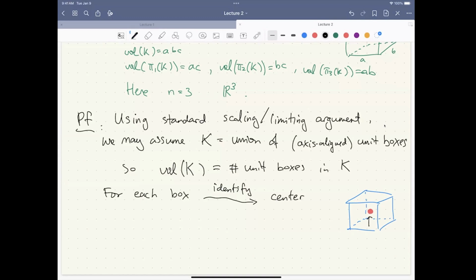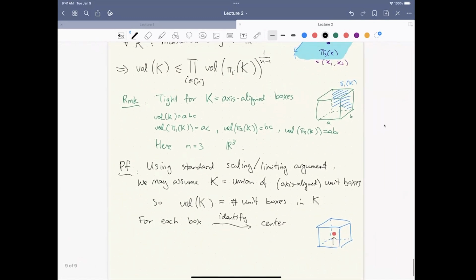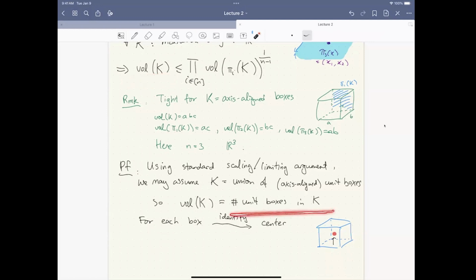Then, okay, so what do we want to do? We want to get the upper bound on the volume of K. In other words, we want to get the upper bound on the number of unit boxes in K. Remember, how are we going to estimate the cardinality of a discrete set? Now it's a discrete set, a set of boxes. We associate it with entropy.